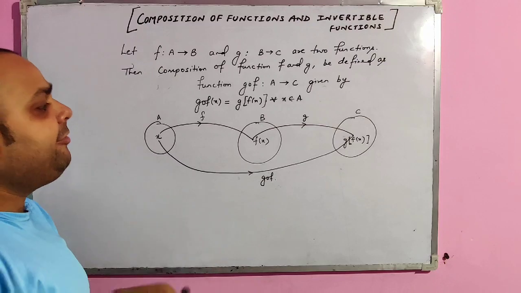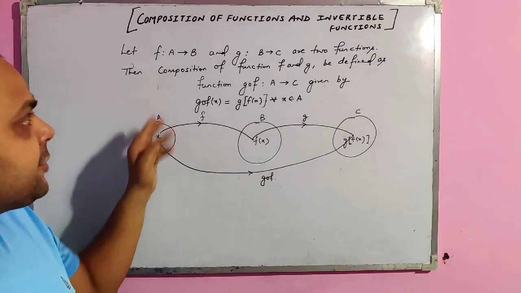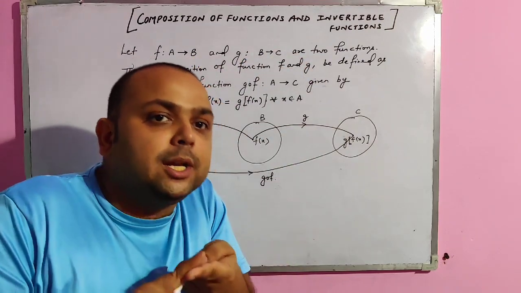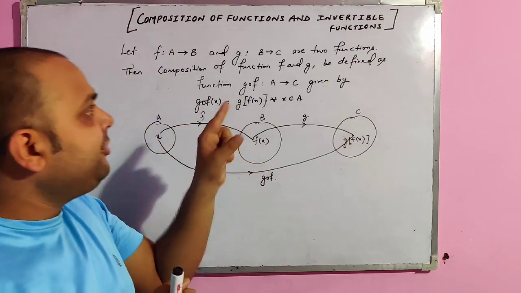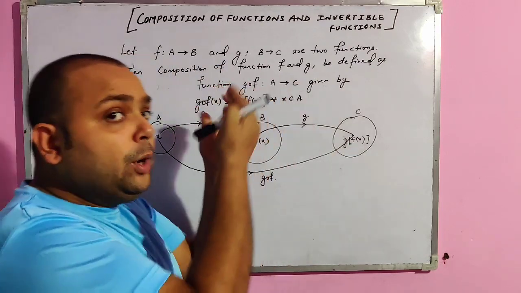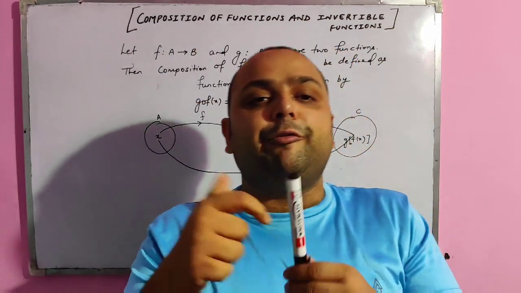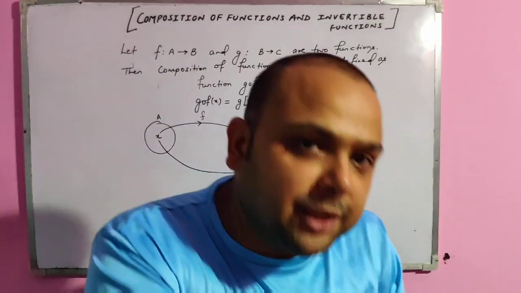So if the first function is from A to B and the second is from B to C, then their composition gof will be from A to C. And if we write the composition fog, it will be from C to A. So composition means substituting the value of one function in the variable place of the other function.